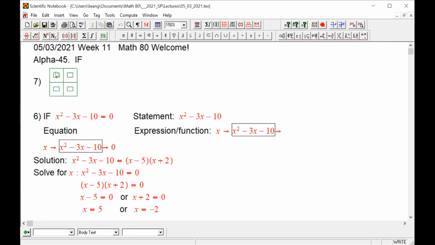On number 7, we have 3x squared plus 11x plus 10 equals 0. That's the equation you need to solve for x.